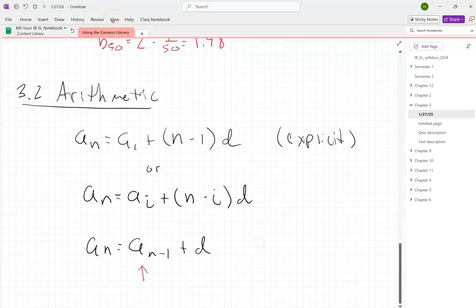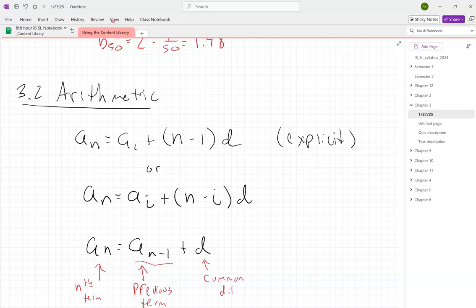So this guy is like our nth term. This would be the previous term. d is called a common difference. And the same idea here, nth term. This guy would be like the first term.